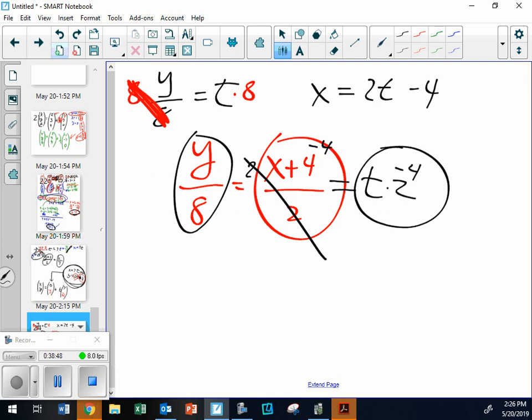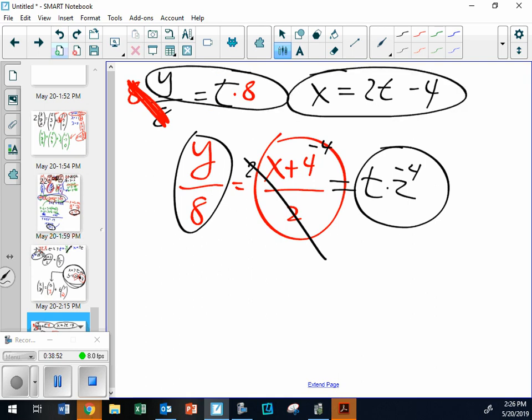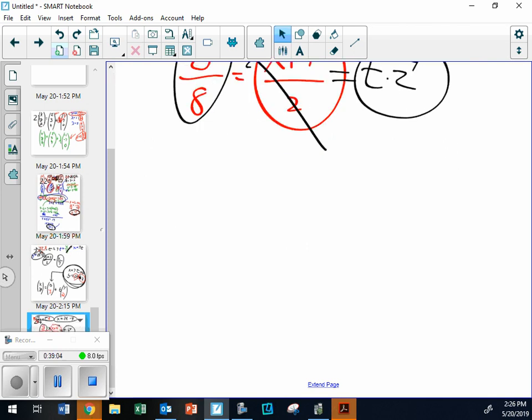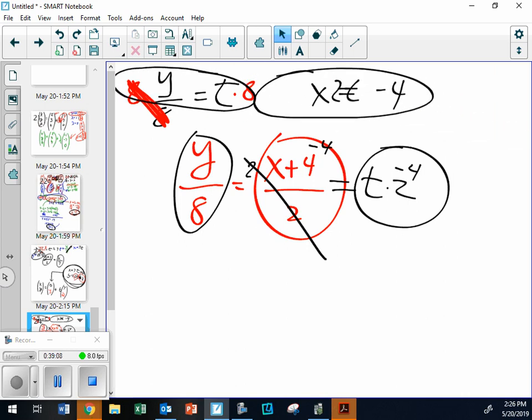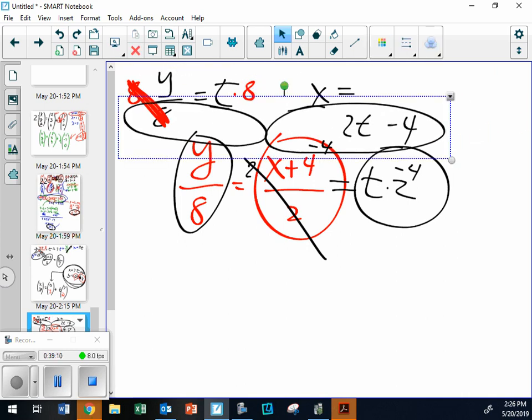Sweet. y equals 8t, and x equals 2t minus 4. And I'm still not done. Why not? This is parametric. You want the other form? Remember what it's called? Yes. So let's get this into vector form.